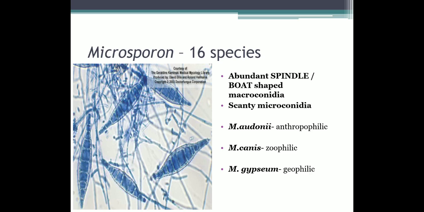This is just for your understanding. As you can see in this picture very clearly, you can find abundant boat-shaped or spindle-shaped macroconidia. In Microsporum canis, there are a lot of spines over the wall of the macroconidia, and they are almost truncated when compared to that of Microsporum audouinii.